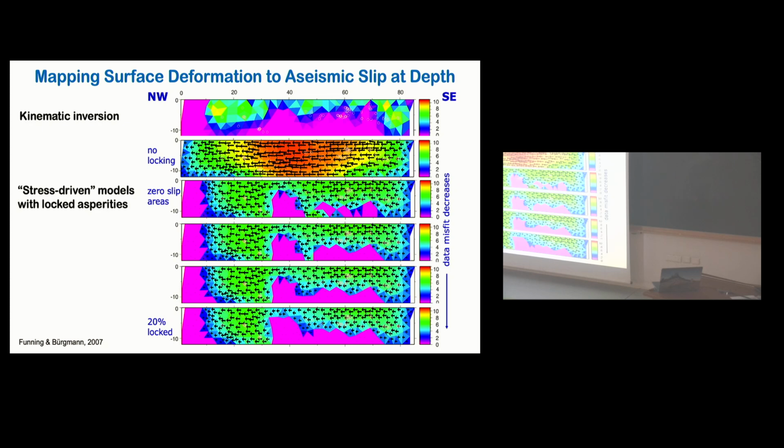If you put in locked patches, so these are now imposed, and you solve, the creep rate reduces because of that stress shadow effect. And you can then see as you grow this locked zone and move it around how the slip evolves. And again, this model, where about 20% of the fault surface is fully locked and the rest is allowed to slip based on the interseismic loading, matches the data just as well as this.